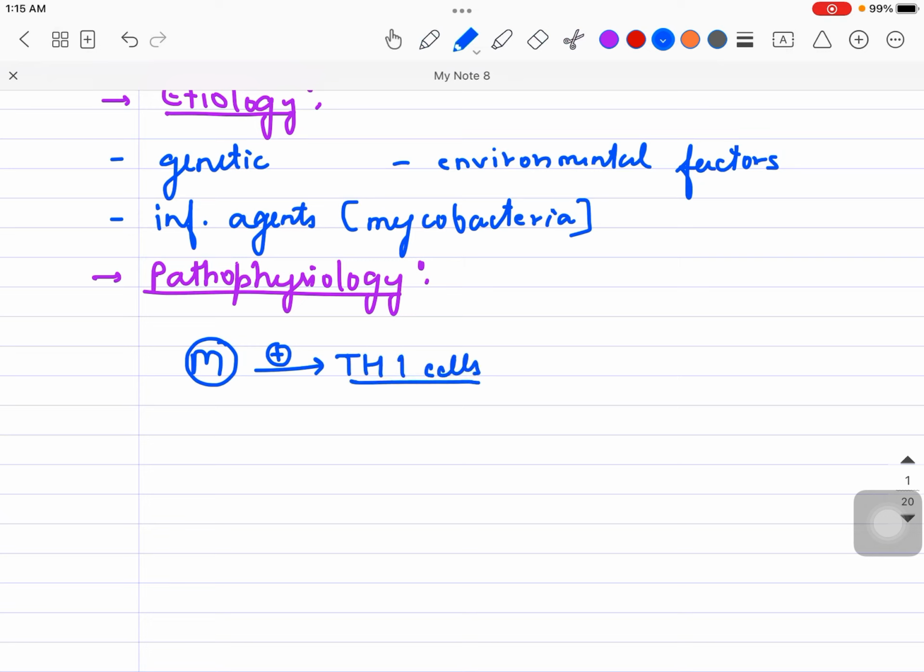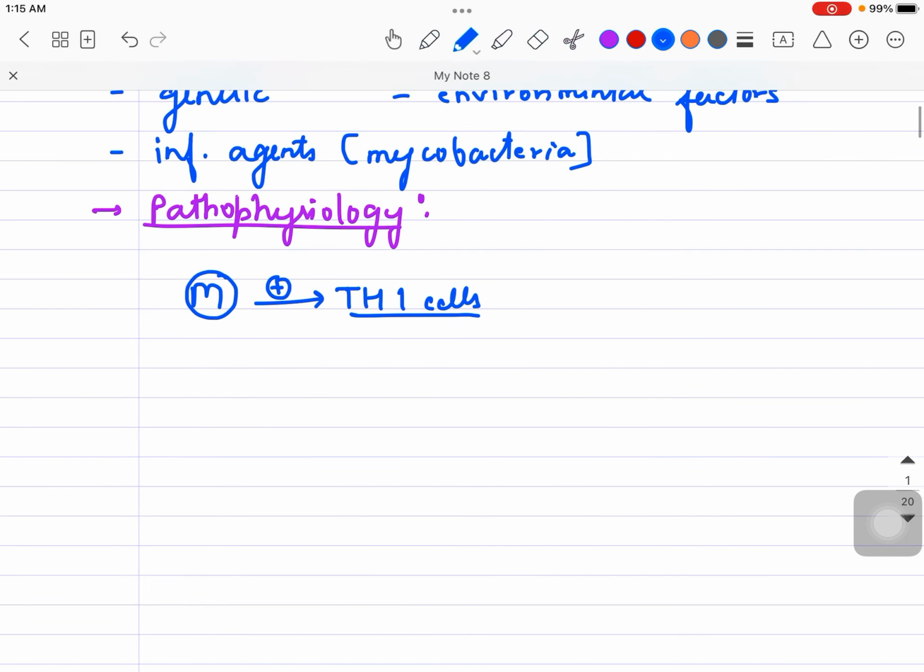After that, T helper 1 cells will be stimulating the formation of which cells? Yes, epithelioid cells. They will be stimulating the formation of epithelioid cells, and further epithelioid cells plus multinucleated giant cells.